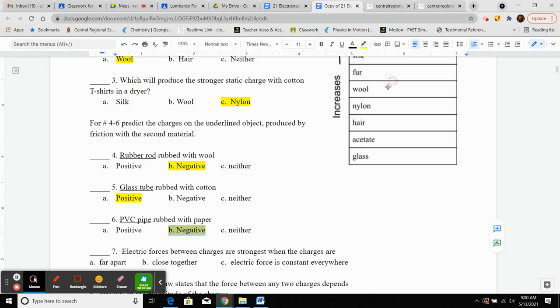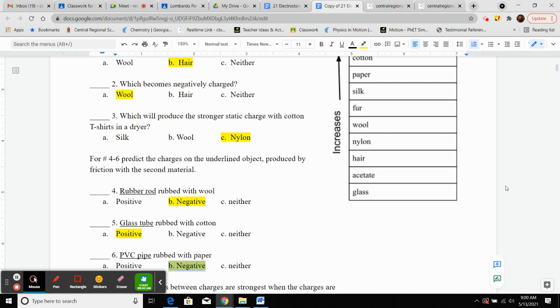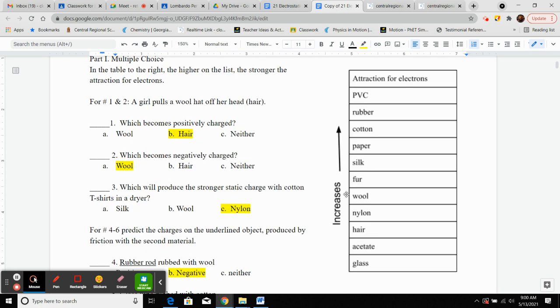So if you don't get this exact table tomorrow on your test, all right, but it's one similar, you also just pay attention to the direction the arrow is going, whether it's going up or down. It's still going to be done the same way, but if this arrow was angled downward, let's say we talked about nylon.